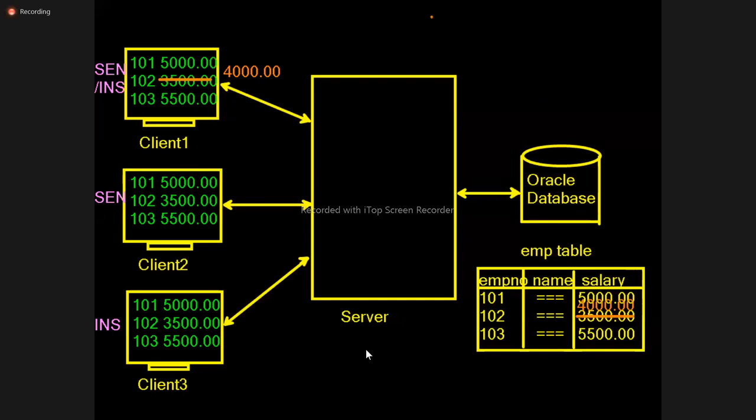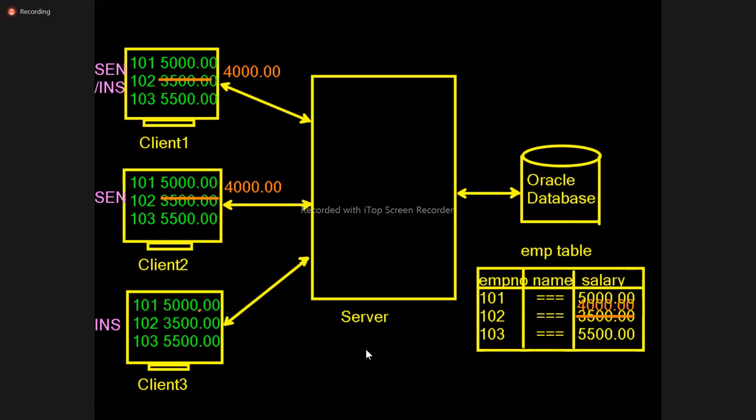Client 1 updated the database. Immediately this information will be shown in client 2 because it is sensitive, but it will not be shown in client 3 because it is insensitive.